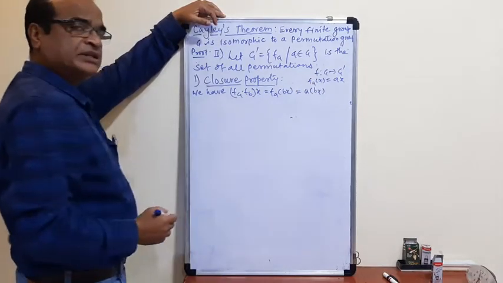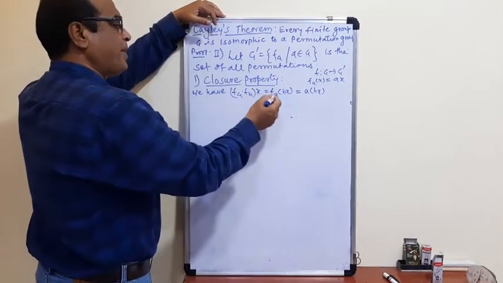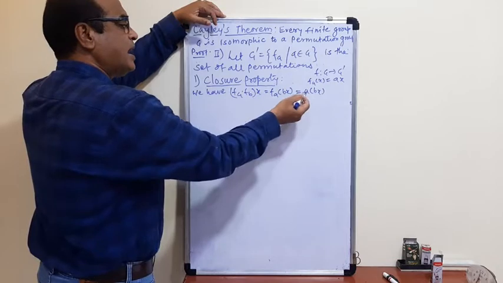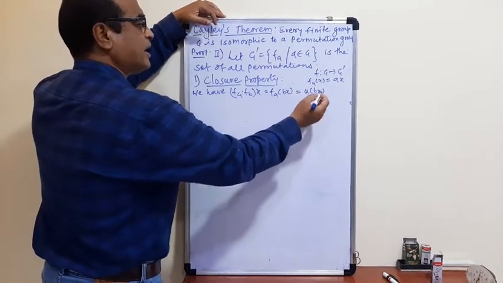Again using this definition of the function, f_a(x) is equal to ax. So f_a(bx) can be written as a(bx).